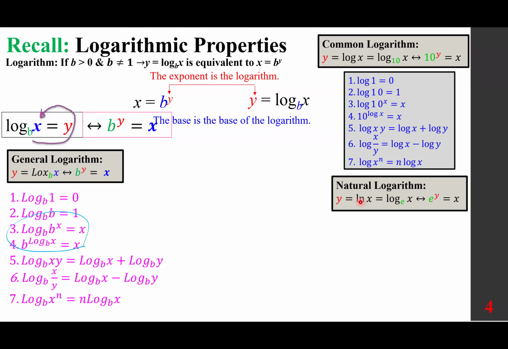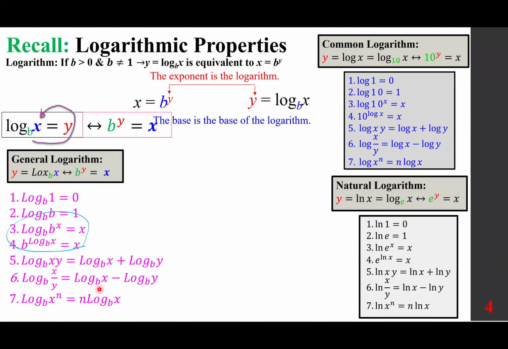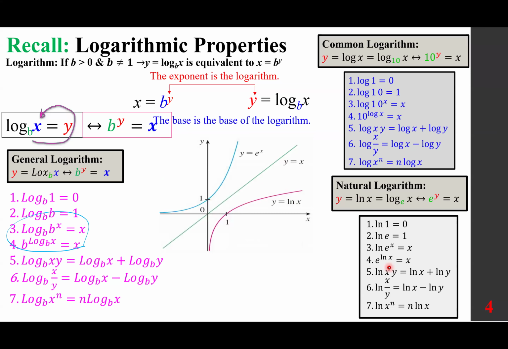That means the base is e. This is the meaning of it. Don't write it in that format, which means e to the power of y is x. And these are the properties. Again, general form, specific cases. And because logarithmic functions and exponential functions are inverse of each other, if you graph, for example, y equals e to the power of x and y equals ln x, they are symmetric with respect to the line y equals x.